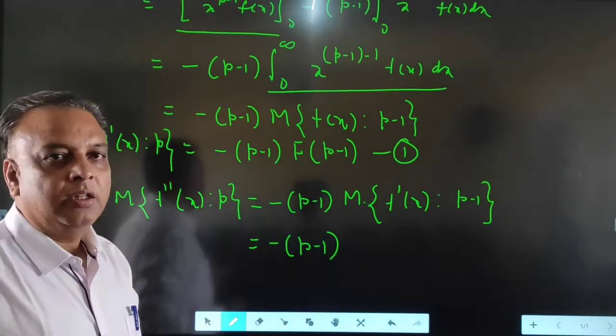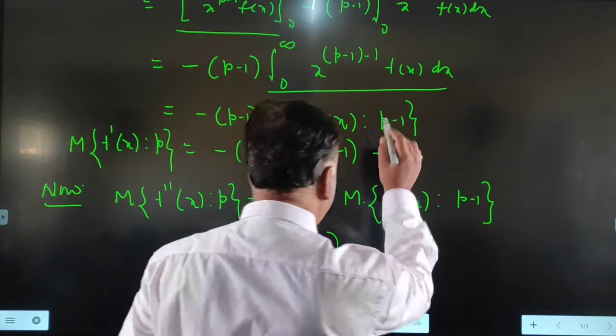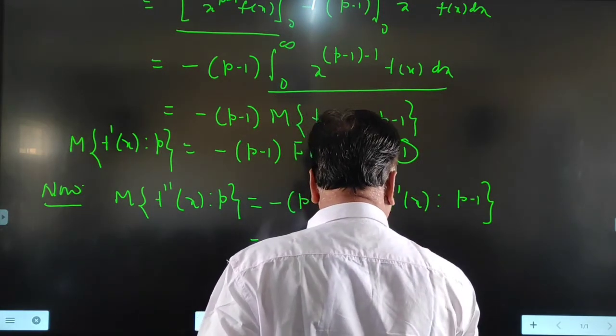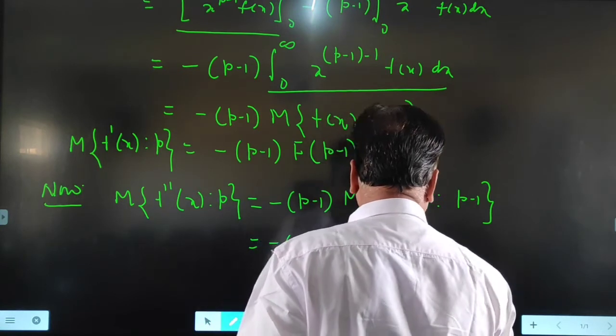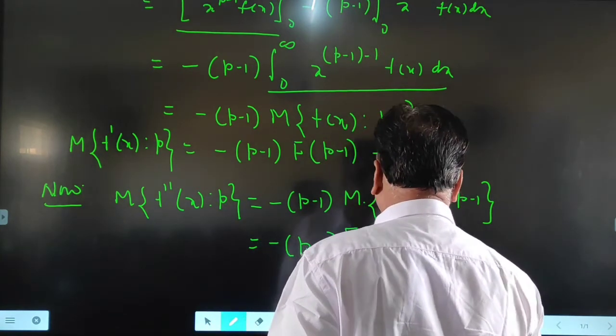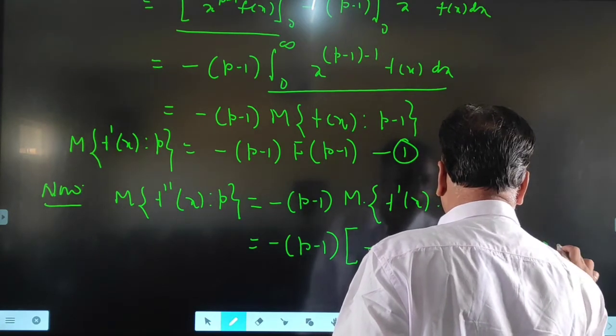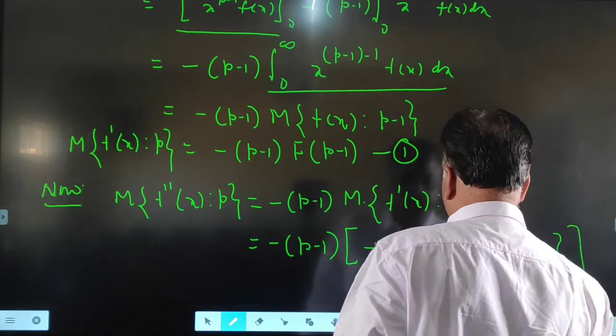By using equation 1, we get this as minus (p minus 2) times the Mellin transform of f(x) with respect to parameter p minus 2.